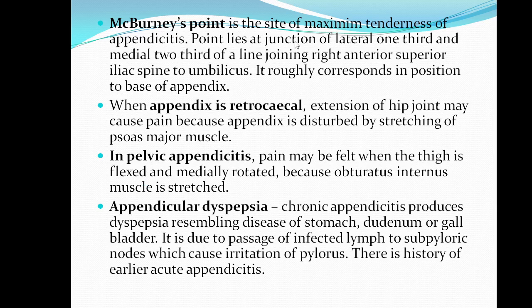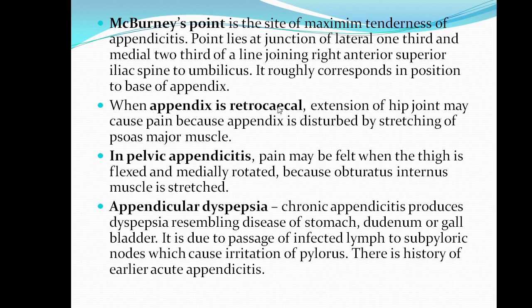McBurney's point is the site of maximum tenderness in appendicitis. McBurney's point lies at the junction of the lateral one-third and medial two-thirds of a line joining the right anterior superior iliac spine to the umbilicus. It roughly corresponds in position to the base of the appendix.